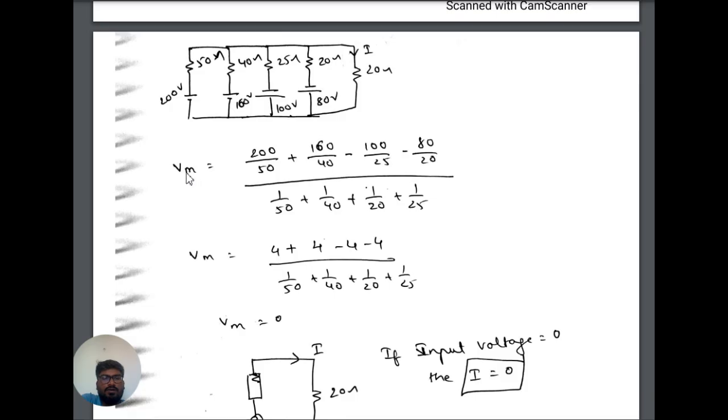So we are now finding the value. The voltage source is 200 with 50, and we apply admittance, 1 by impedance, 1 by resistance here.